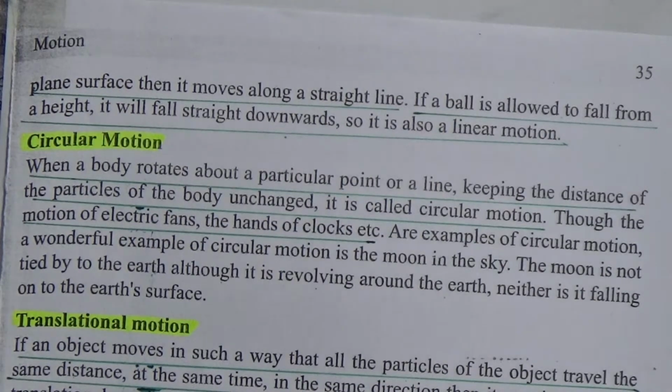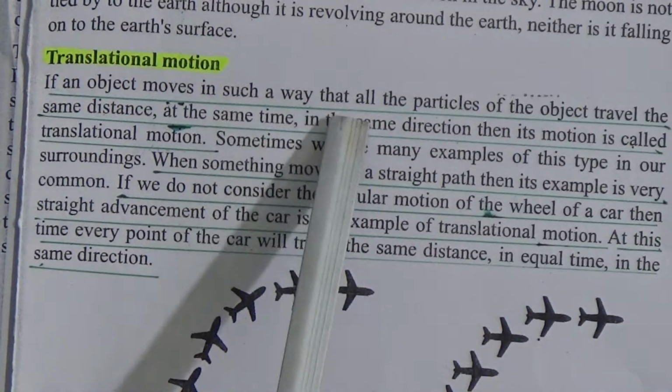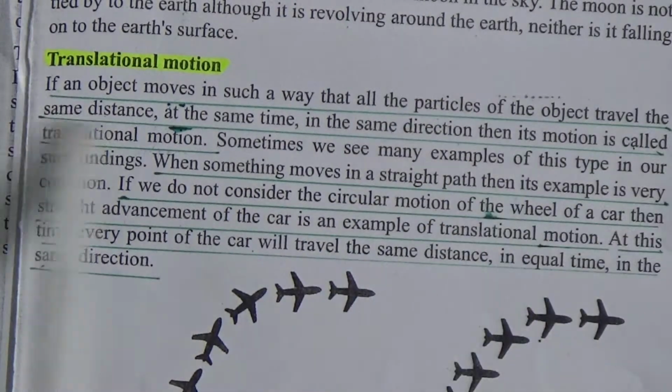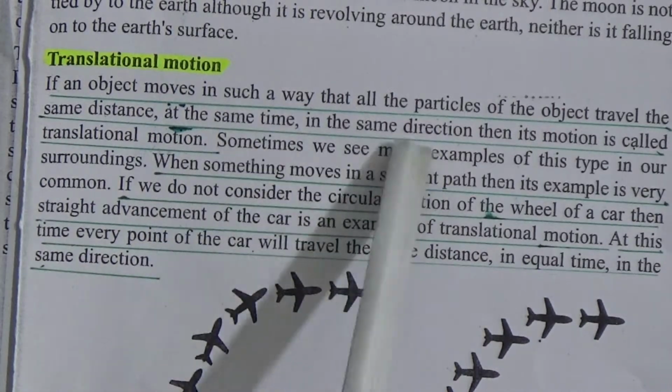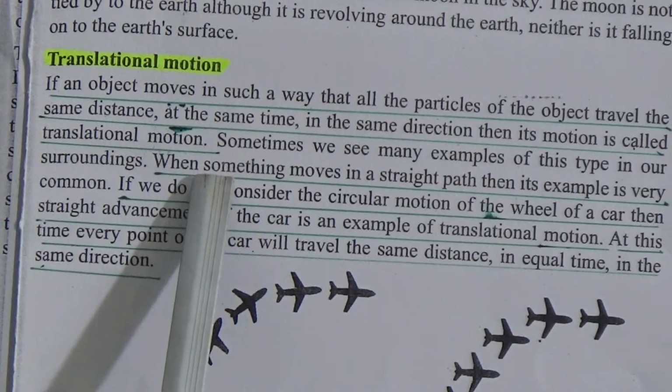What is translational motion? If an object moves in such a way that all the particles of the object travel the same distance at the same time in the same direction, then its motion is called translational motion.